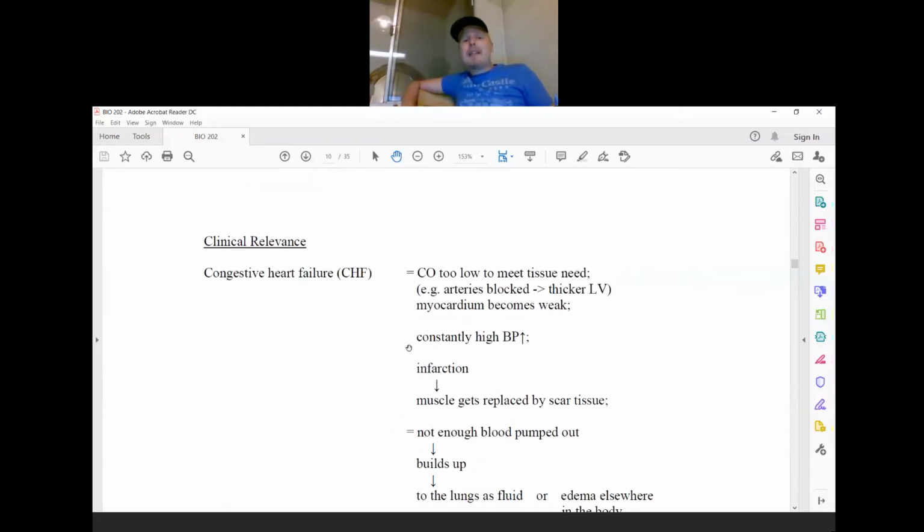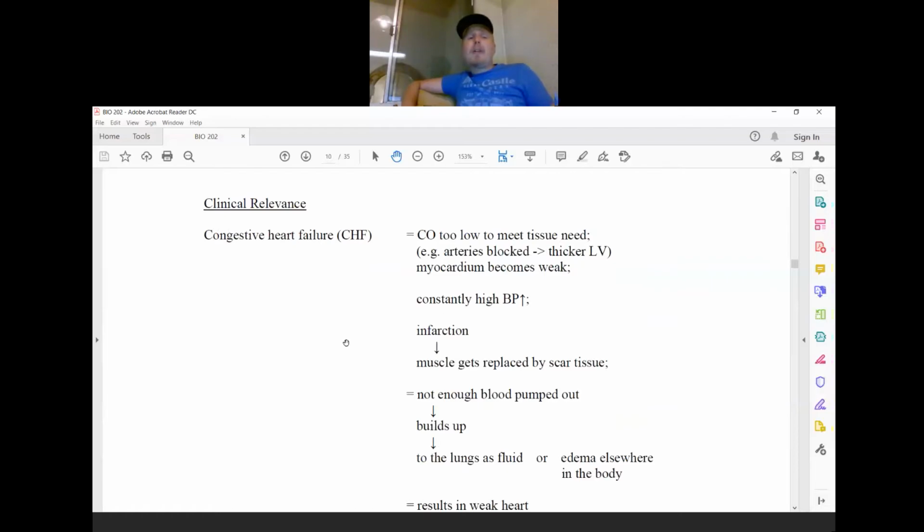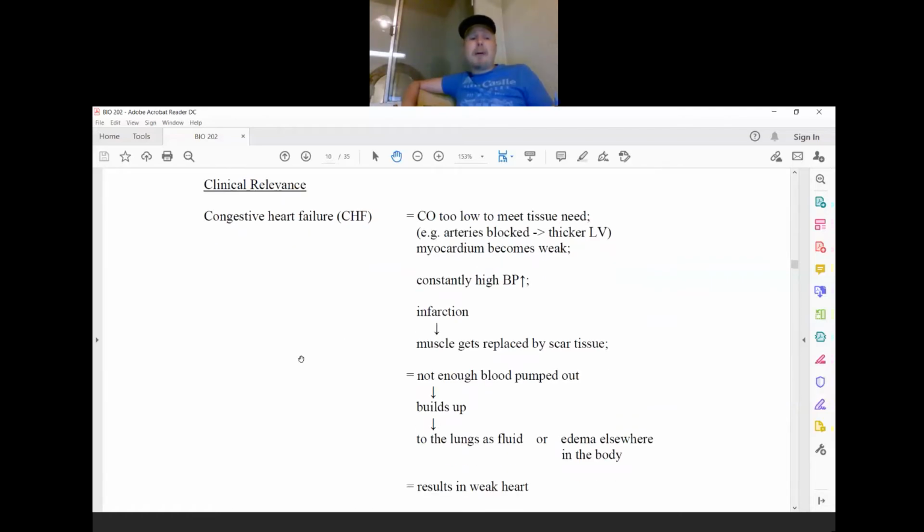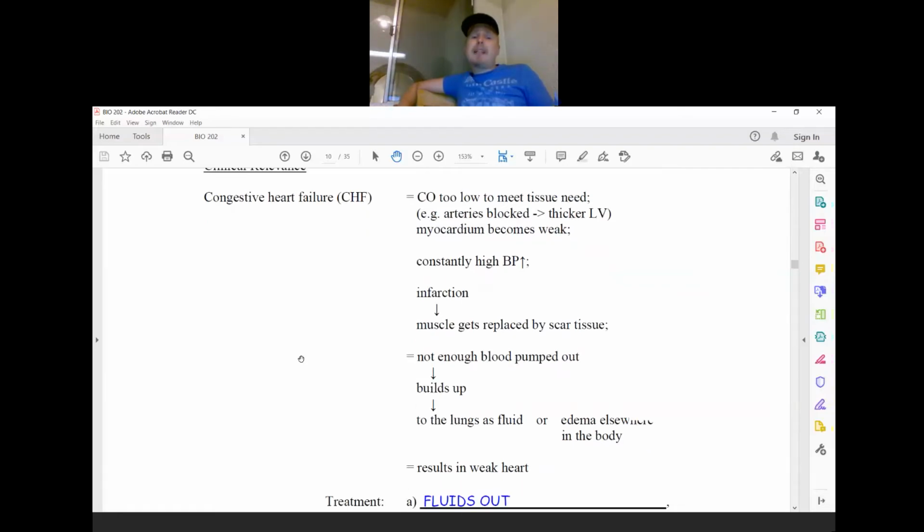Clinical relevance, the last thing that I mentioned here. We talked a little bit in our lecture material about congestive heart failure, CHF. You might want to have a look at it, but really that's something that I think we've covered fairly well. Really the issue here is when the heart does not work properly, we constantly have elevated blood pressure.